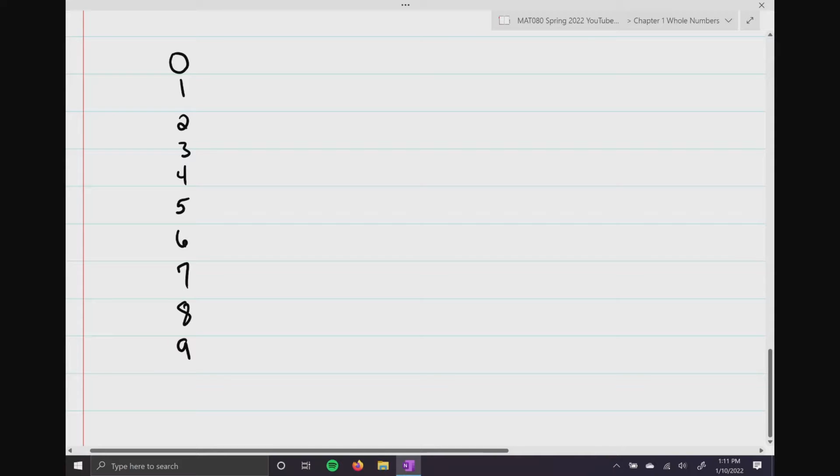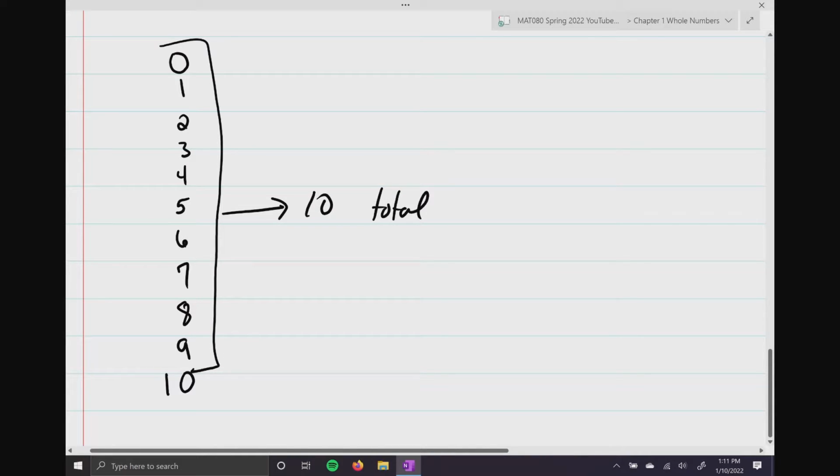Notice that I put a 0, but then I carry over a 1 into the next place value to the left. That is called base 10, because from 0 to 9, we have a total of 10 values. And then the process just repeats.